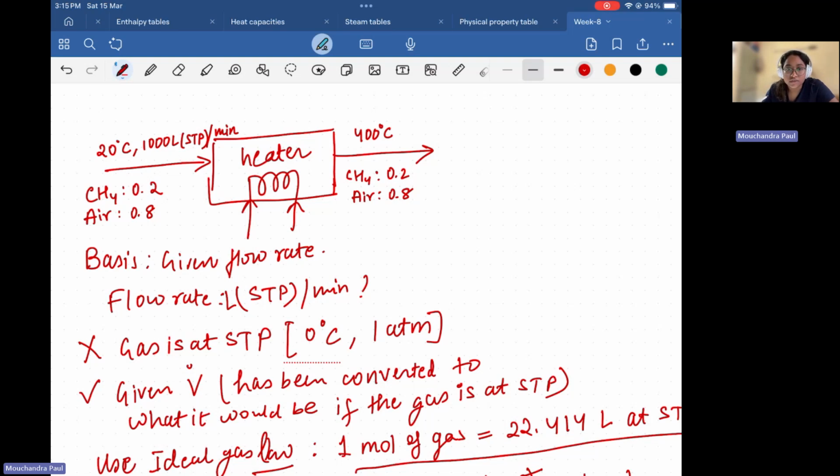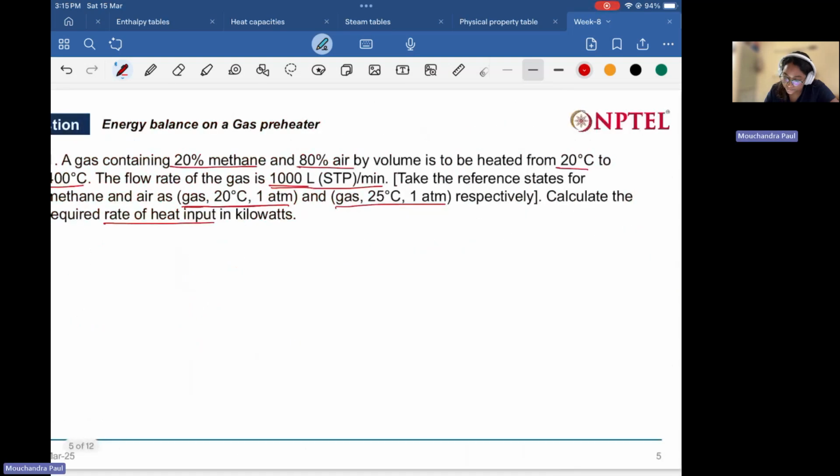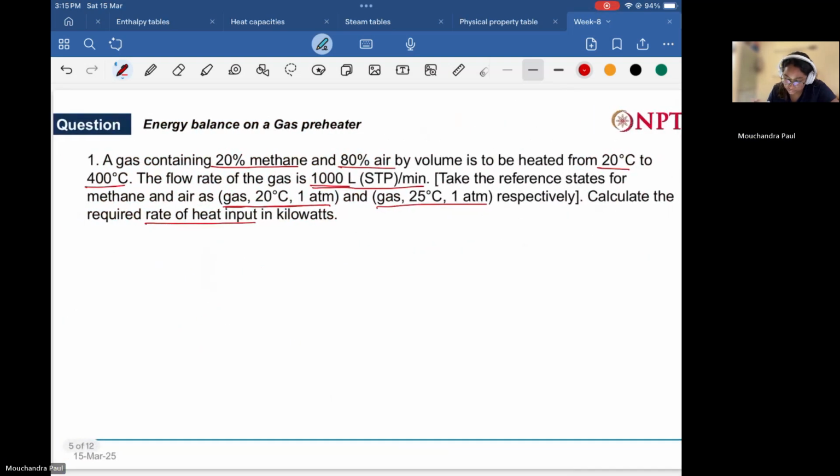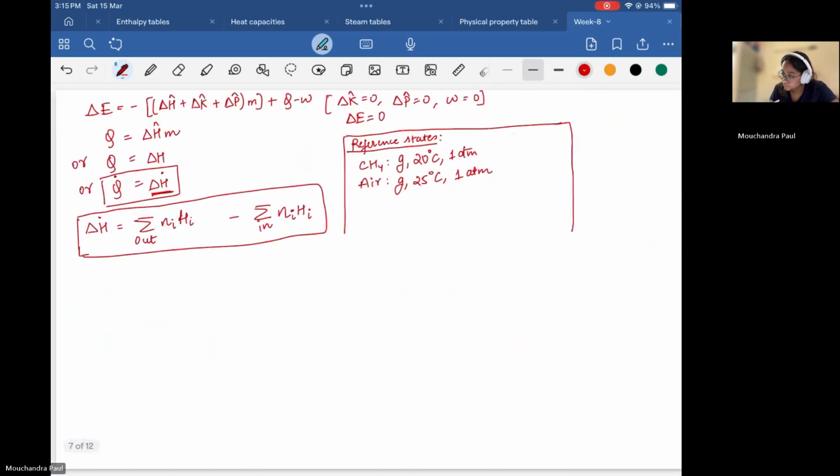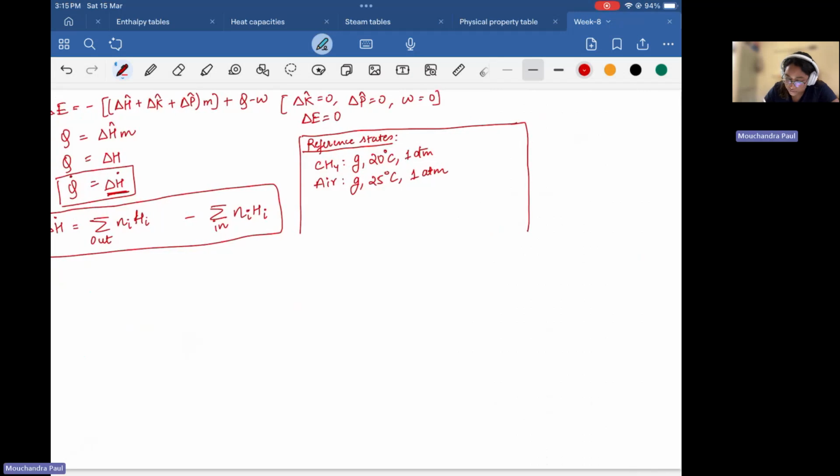So in our calculation, we can safely assume that at 20 degrees Celsius, the enthalpy of methane is zero. This is important information.